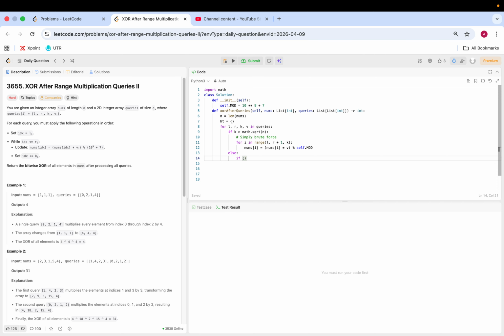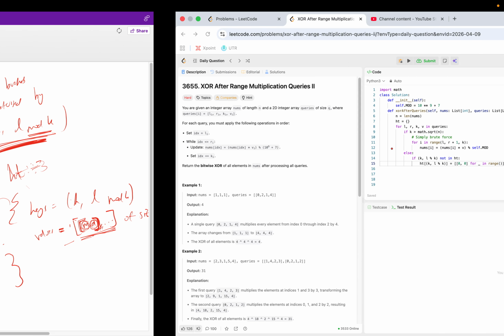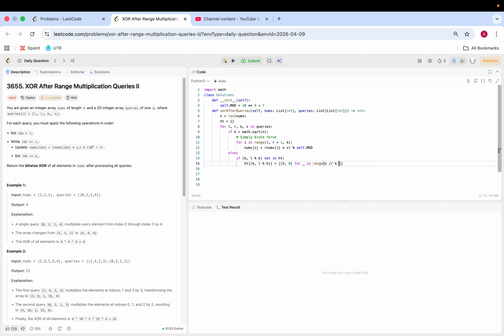So if the K value, the increment value, and L mod the K value is not in this HT, then HT at this tuple is equal to, we'll say 0, 0, for the right number, for in the range of n divided by k plus 1.